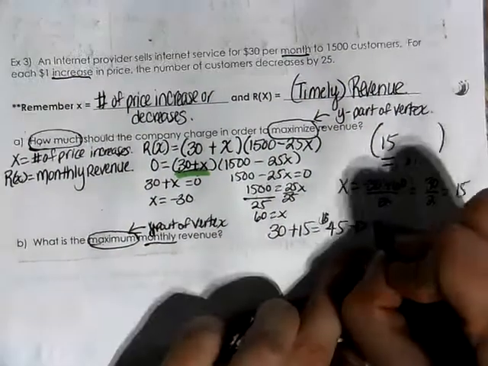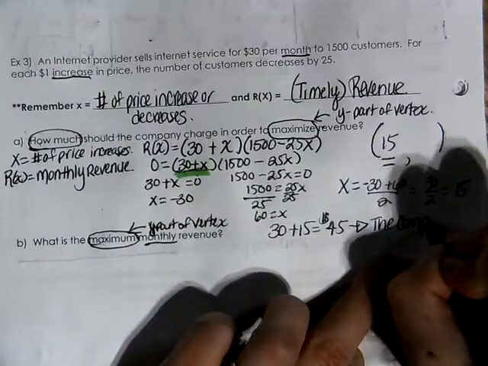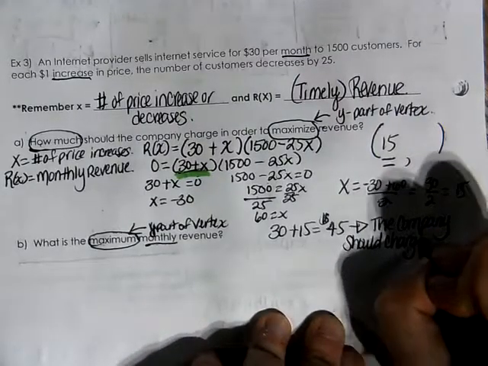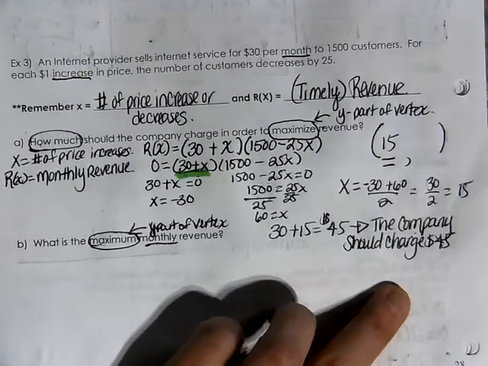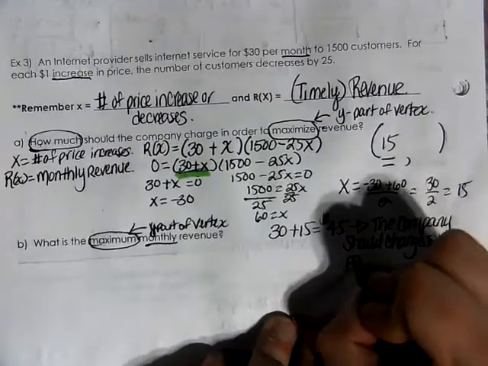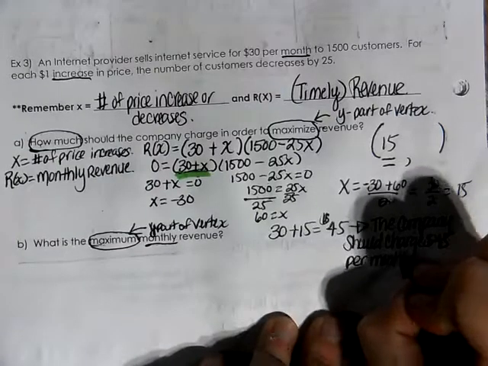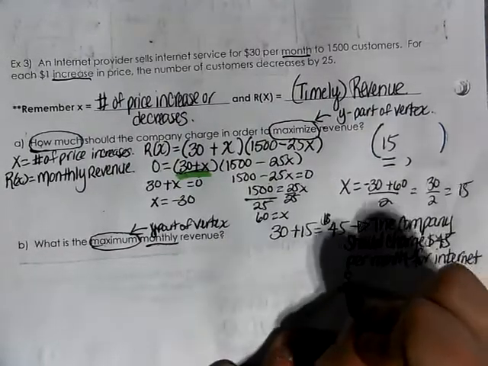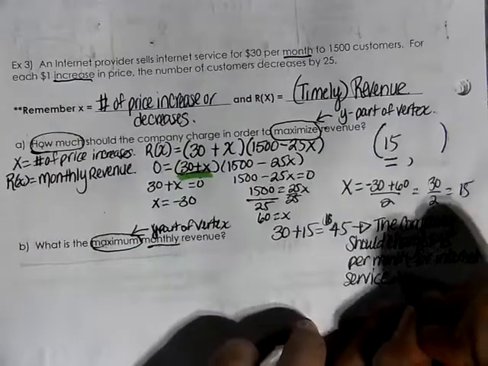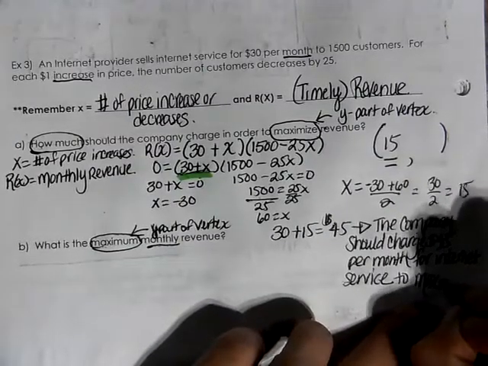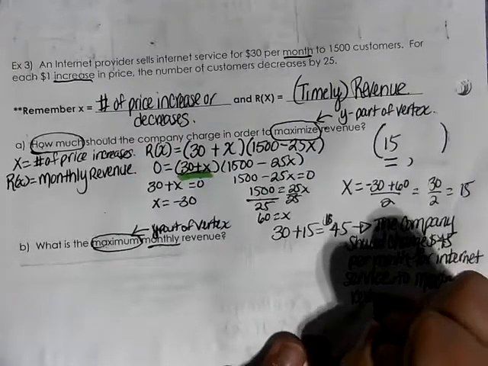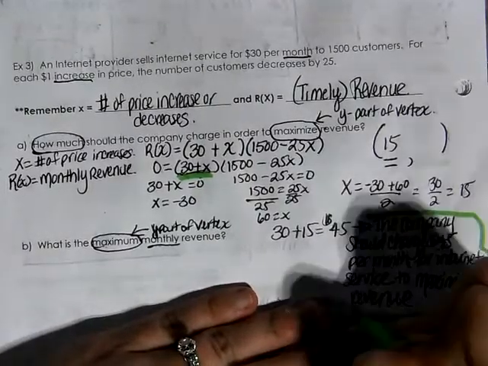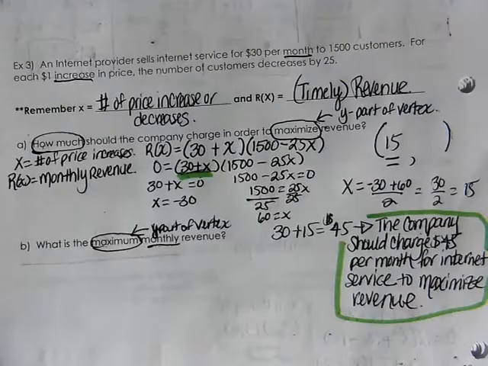And that is the company should charge $45 per month for internet service to maximize revenue. Cool. So that is our first answer.